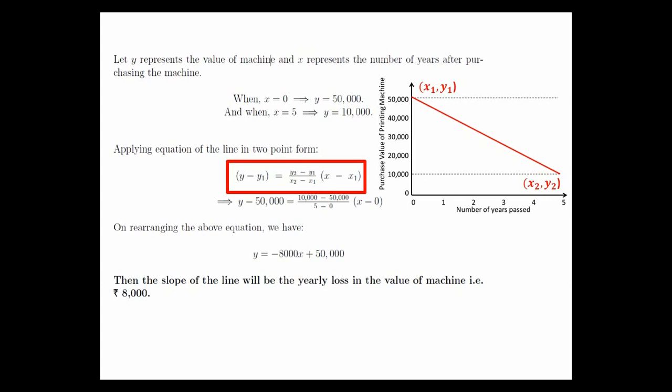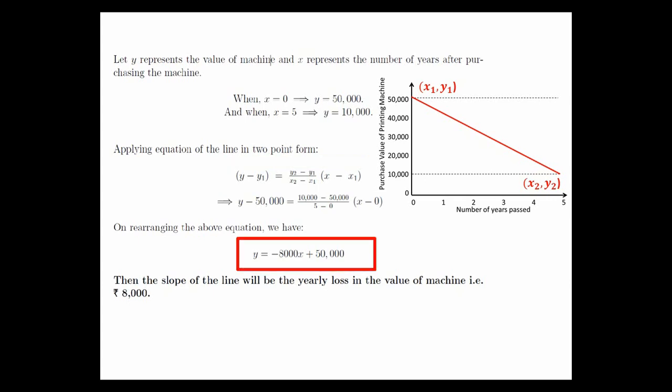So, 10,000 minus 50,000 divided by 5 minus 0, where 5 is the x coordinate of the second point and x1 is the x coordinate of the first point, and also x minus x1 will be x minus 0. Now rearranging the equation, we get y equals minus 8000x plus 50,000.